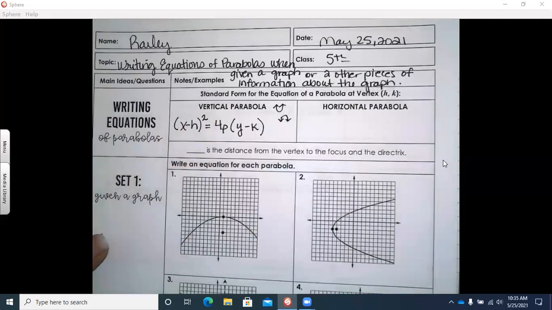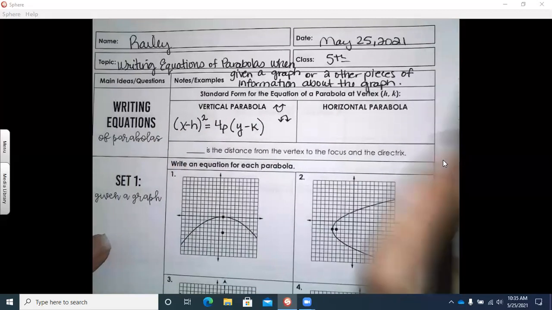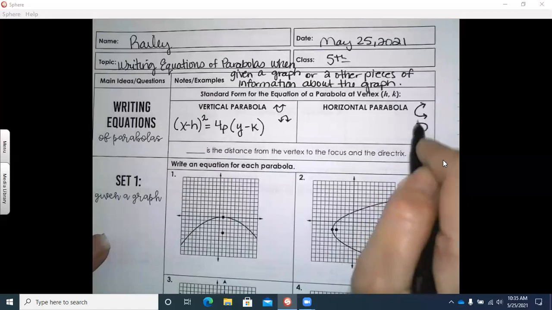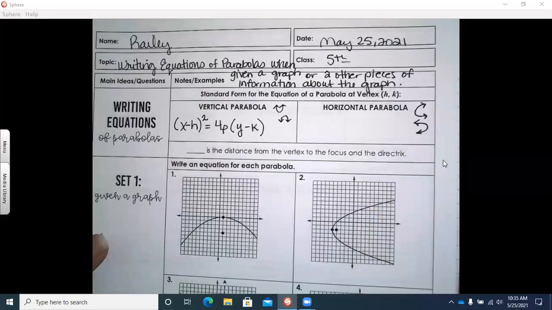We know that a horizontal parabola is when your parabola either opens to the right or opens to the left. And when it opens to the right or the left, the y is being squared, not the x.